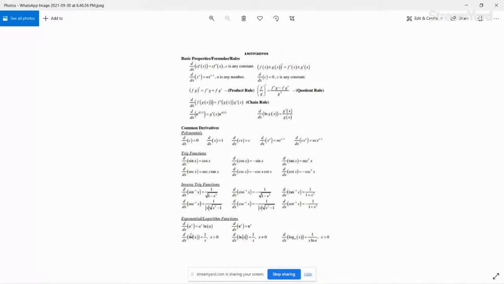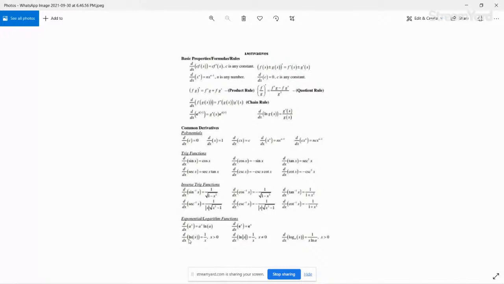It will be a to the power x ln a. Suppose in place of a it's e, what will happen? e to the power x ln e, and we all know the value of ln e is 1. Hence this is a basic formula, and d/dx of e to the power x is just derived from d/dx of a to the power x.